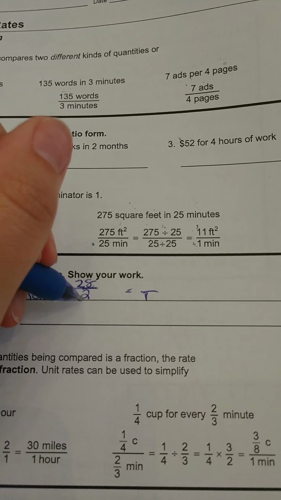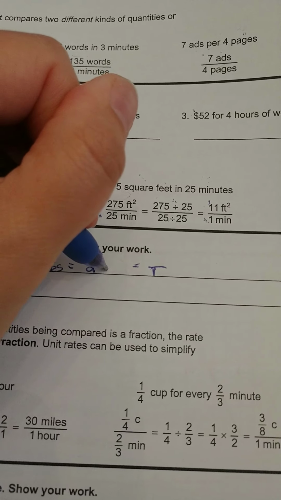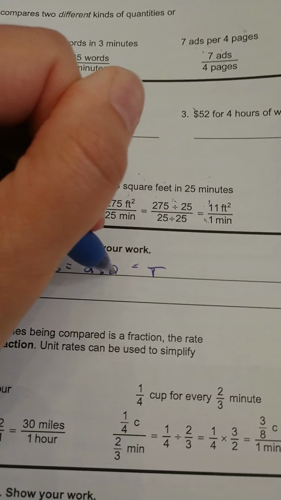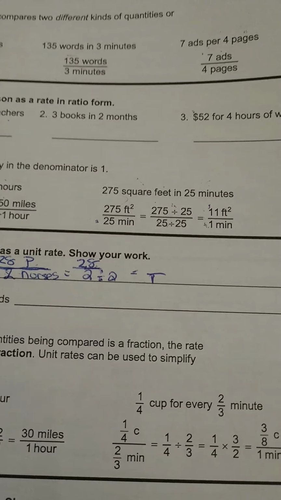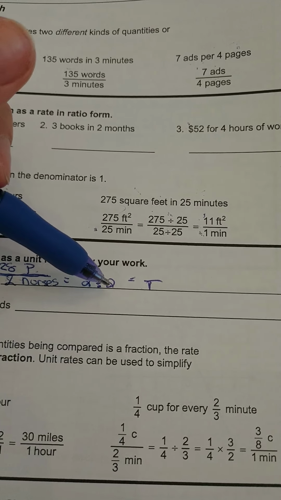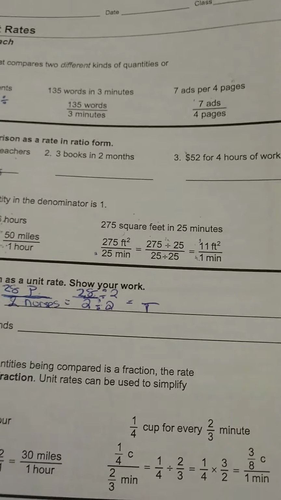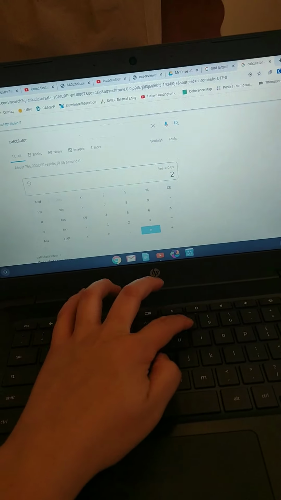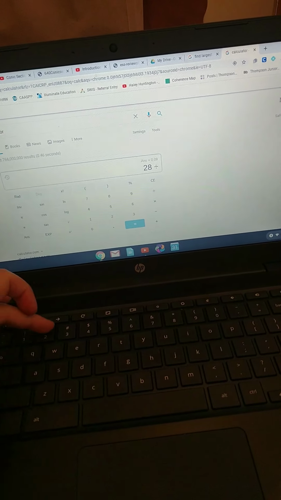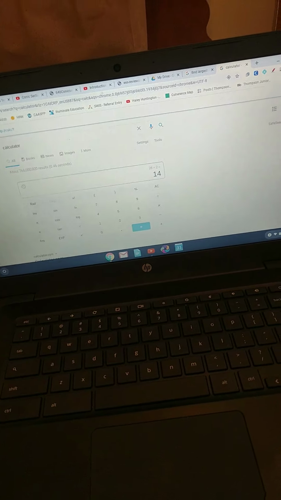Right, we're going to divide the denominator by 2, because 2 divided by 2 equals 1. So if we divide the denominator by 2, we're going to divide the numerator by 2 as well. And when we do that, 28 divided by 2 is 14.